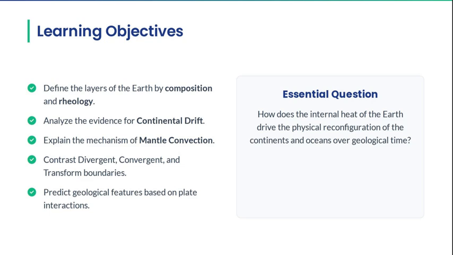Wait, is this copyrighted? Oh god damn it, it's copyrighted. Are we dead ass? The Switch of Continental Drift by Alfred Wegener, and it's looking good.